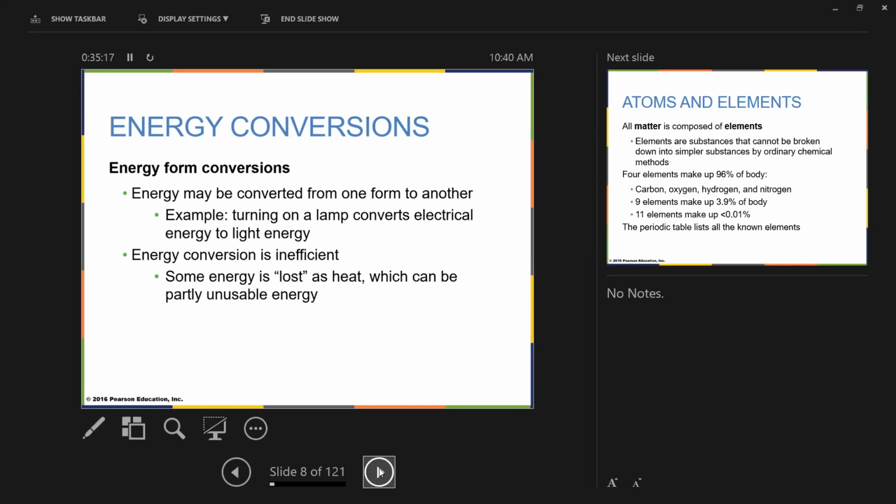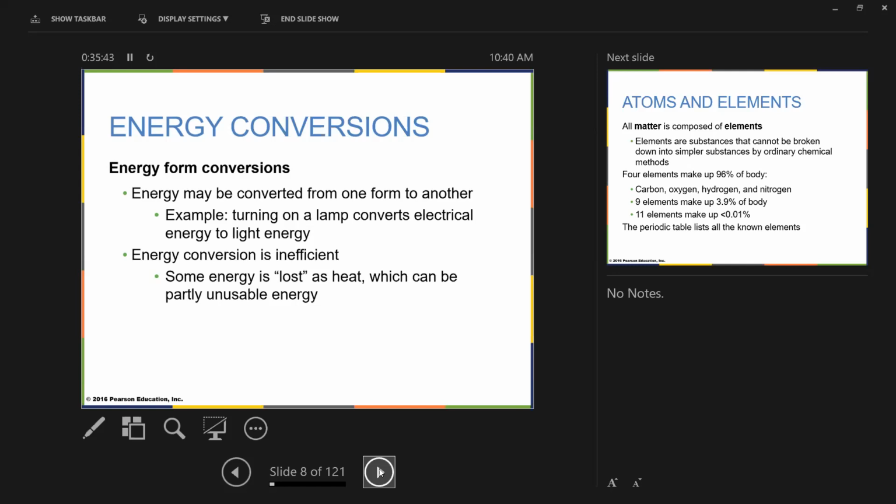So every time we convert from one form to another, we are going to see a release of energy. The apple that you ate for breakfast this morning, or the bowl of cereal, or the fruit bar, or the Pop-Tart, or whatever you had for breakfast, maybe nothing.